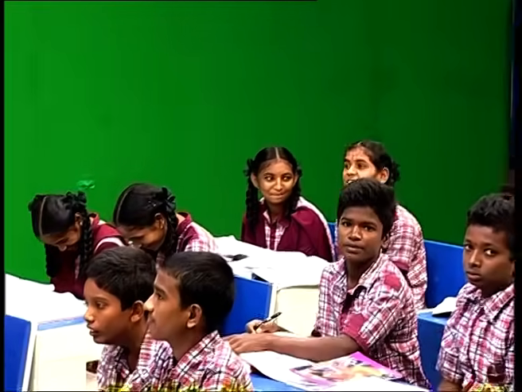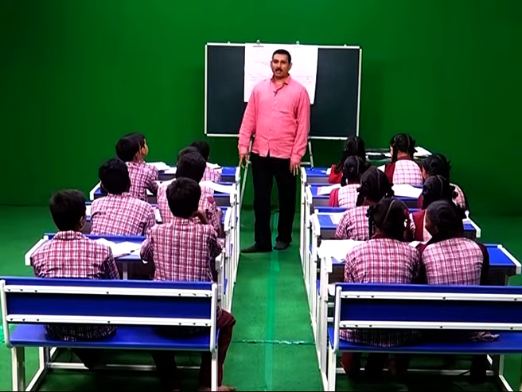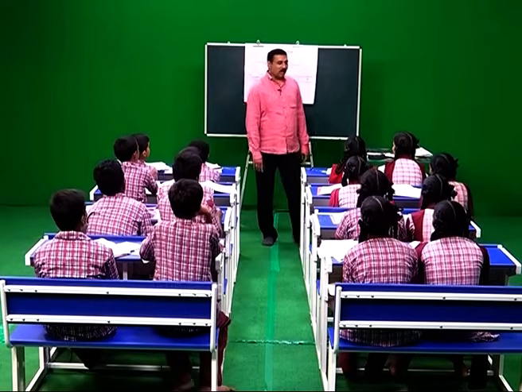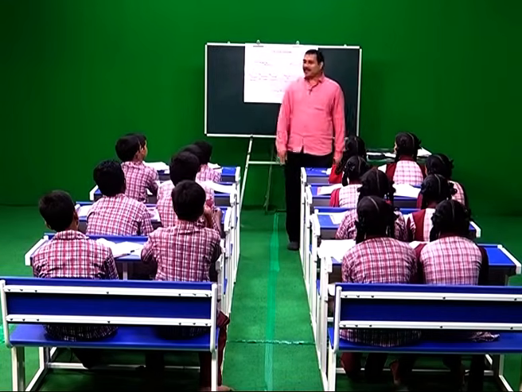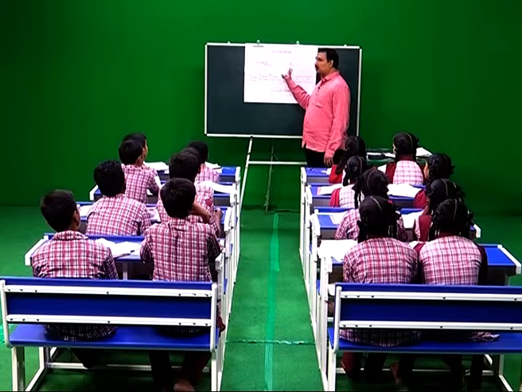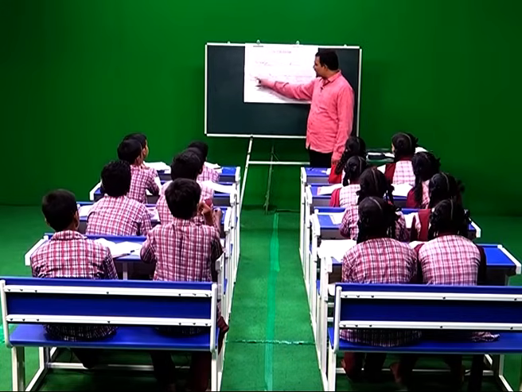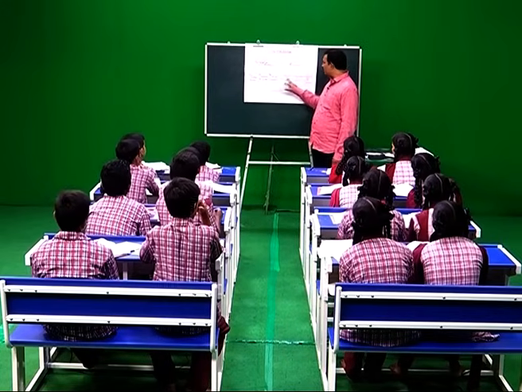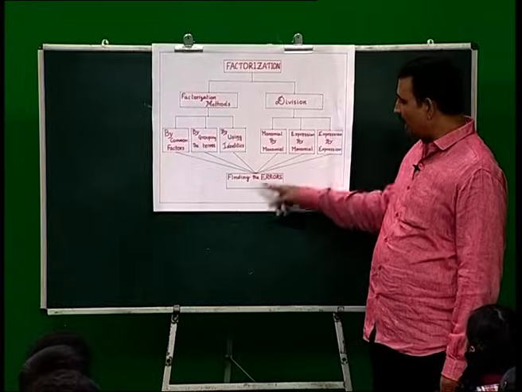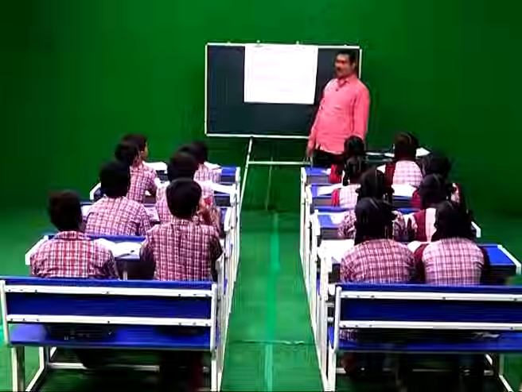Good. So in this chapter, Factorization of Algebraic Expressions, we come across these two concepts throughout. In this, we will learn these three methods, then these things, and then finally the errors.